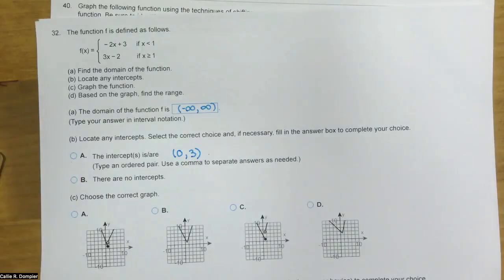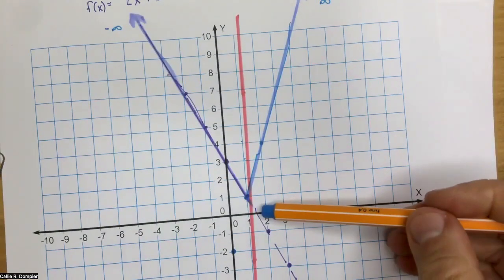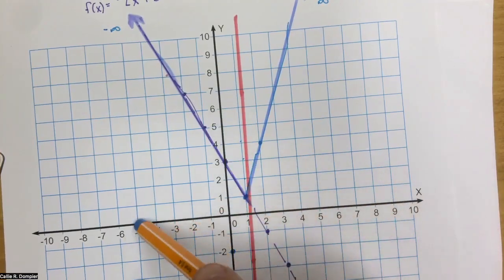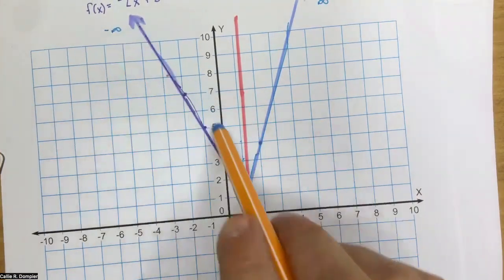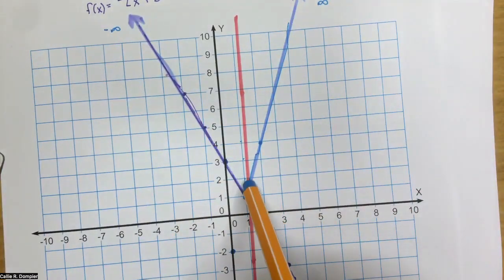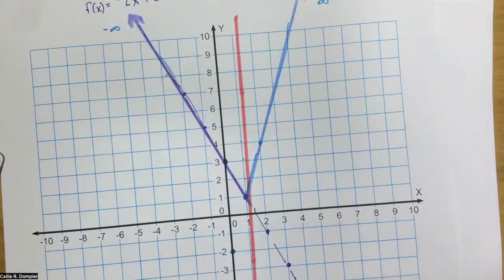It will not cross the x-intercept. It crossed the y-intercept at 0, 3. It will not cross the x-intercept because this one was going down, but this one was going up. And so when they changed right at y equals 1, it will never get down to y equals 0. Good? All right.